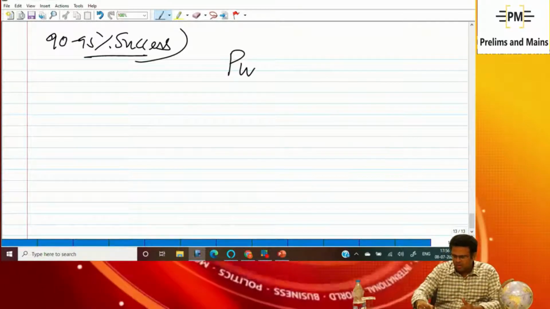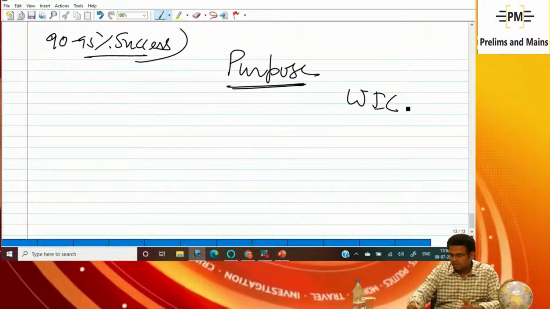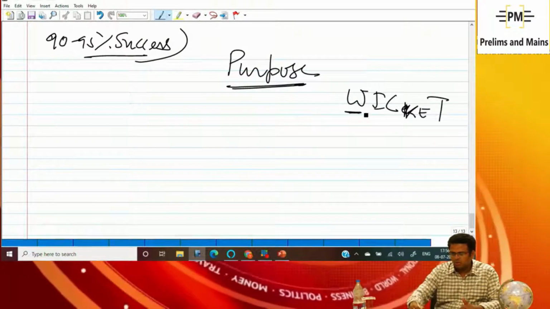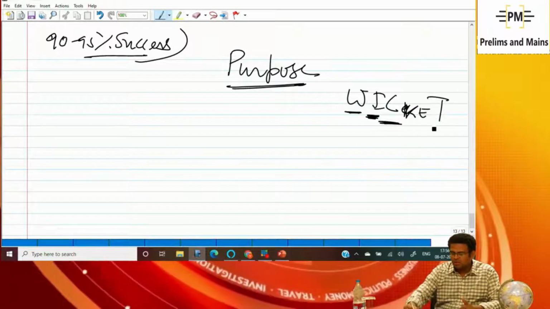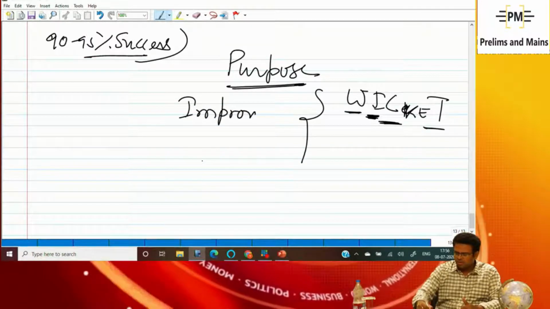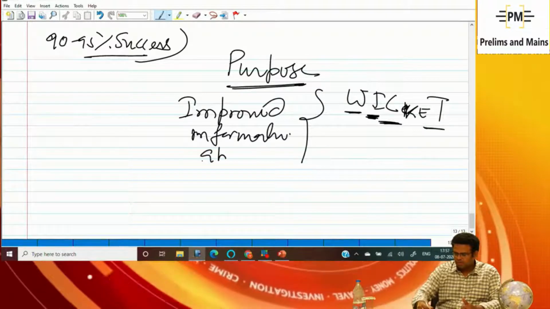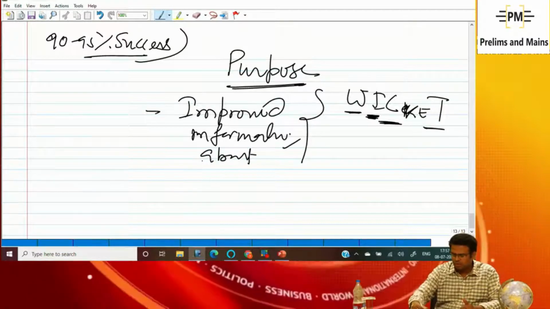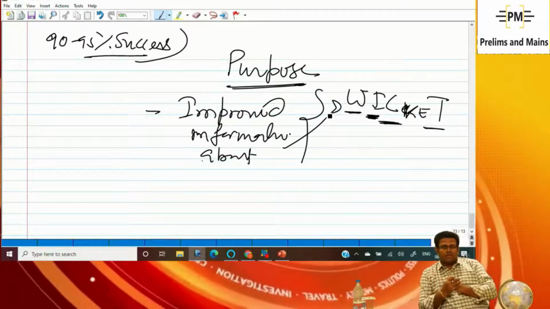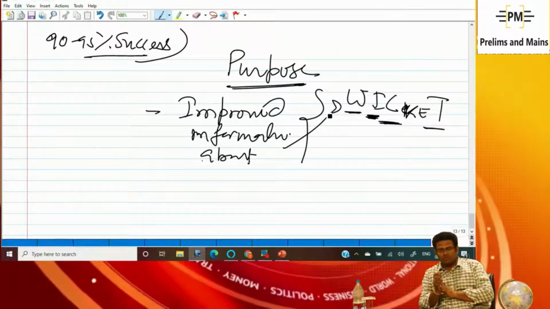What were the other purposes? You already know all the purposes. Purpose: Wicket. W for water, I for in situ analysis, C for chemical composition, T for topographic mapping. These improve information about the moon.